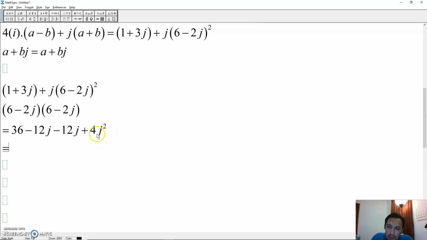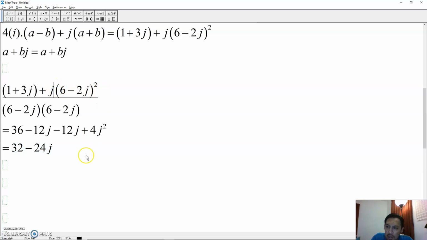Whenever you encounter the notation j squared, always change it to negative 1. So negative 1 times 4 gives negative 4. 36 minus 4 gives 32. So we have 32 minus 24j. Now this is not the end, this is just the expansion of the bracket.